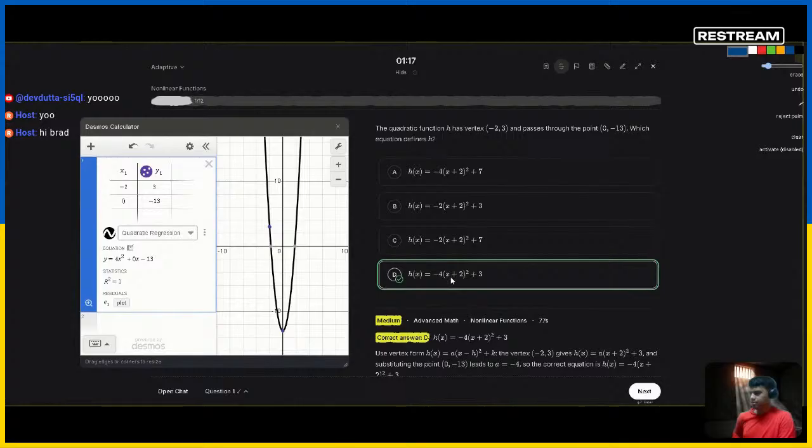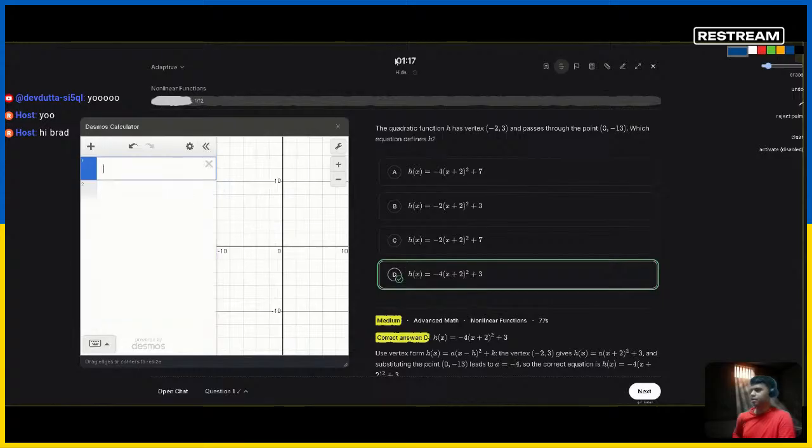So this becomes negative 4x. This becomes negative 4. And then 4 times 4 is 16. Negative 16. Negative 16 plus 3, which is negative 13. Yeah. I mean, I could kind of do that in my head, but not really fast enough. So just to save me time.